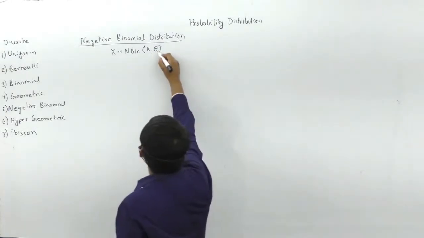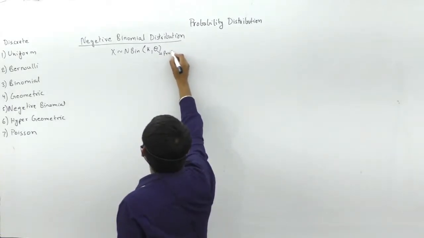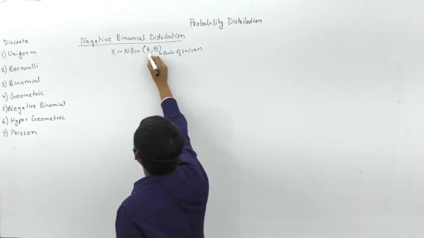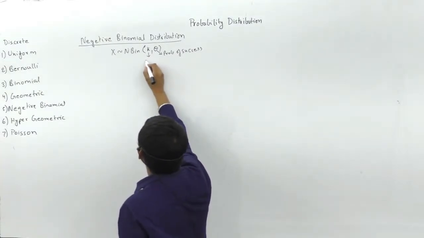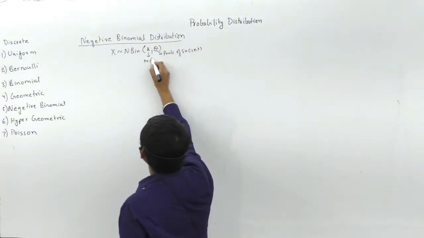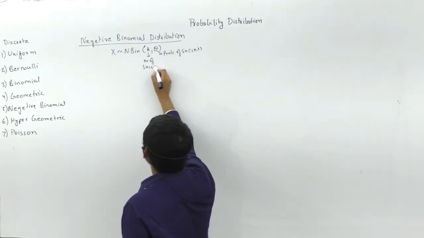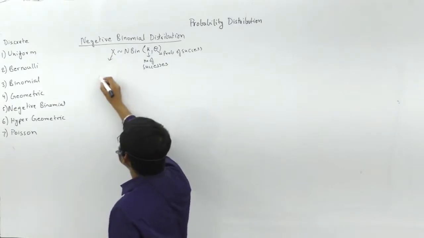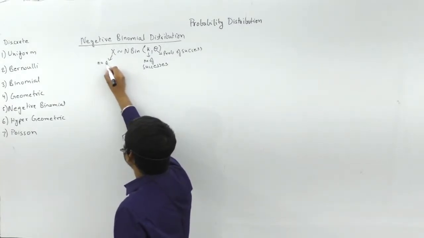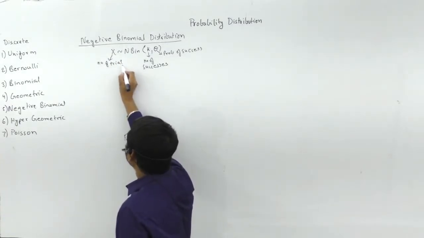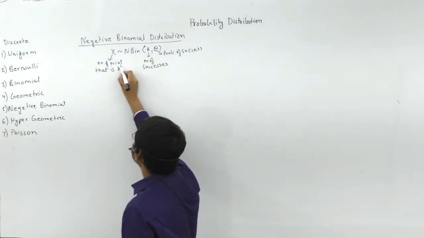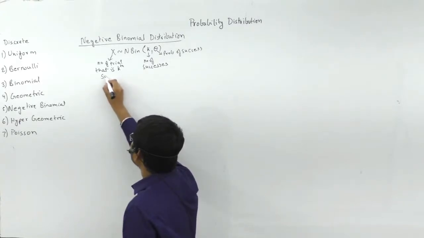Here theta is again the probability of success, k is the number of successes, and X is the number of trials, that is, up to the kth success.